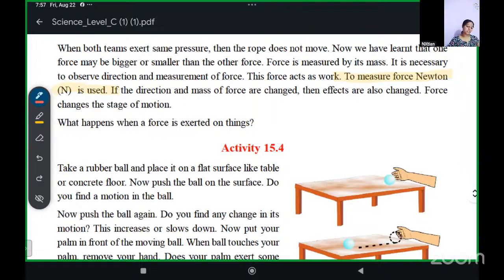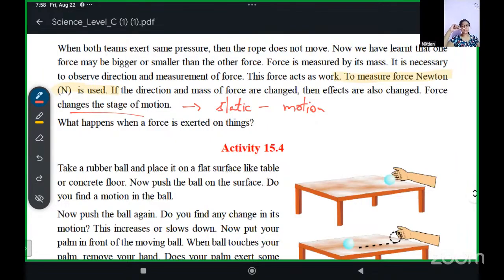A change in the state of motion means going from static to motion. First, the thing was in a static state and then it came into motion. And the effect: if you are pushing from the left side, which side will the thing move to?